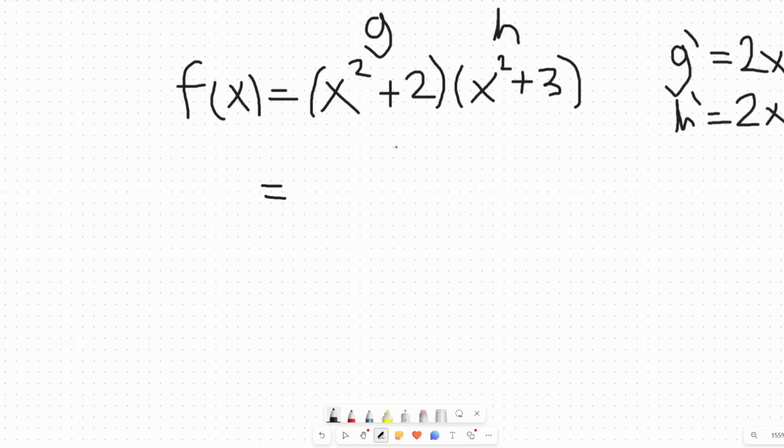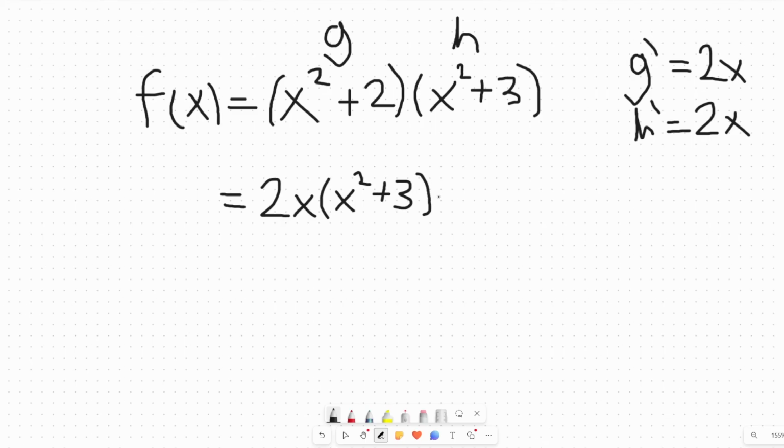Now it's just a matter of actually putting it into the equation. So we have g prime, 2x, times h, so x squared plus 3, plus h prime, so 2x again, times g, so x squared plus 2.